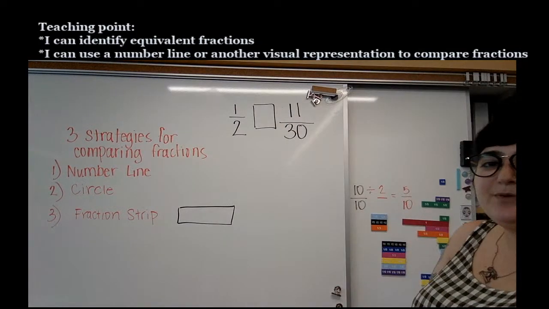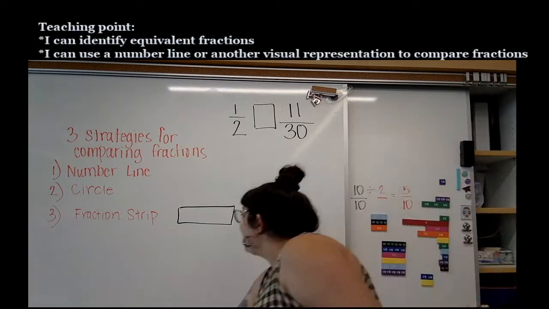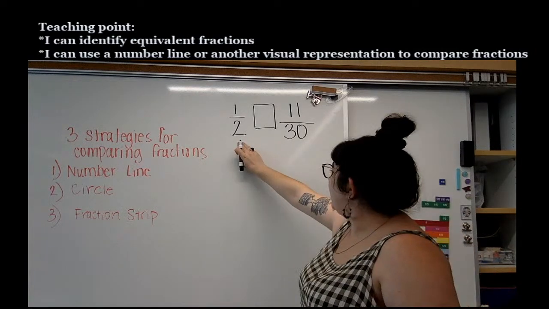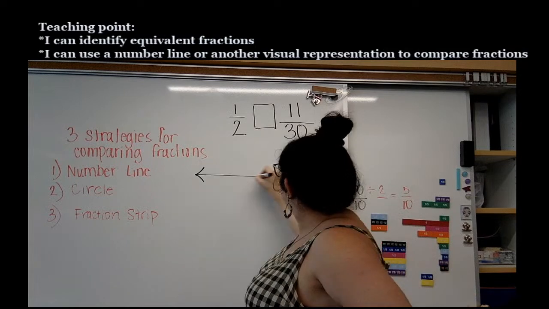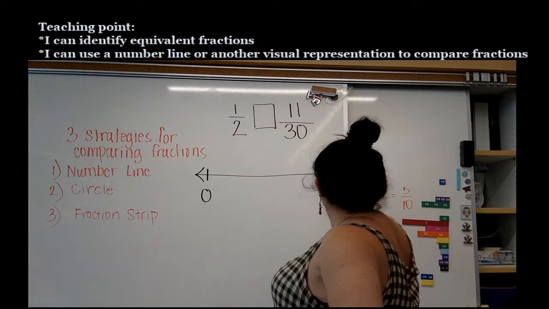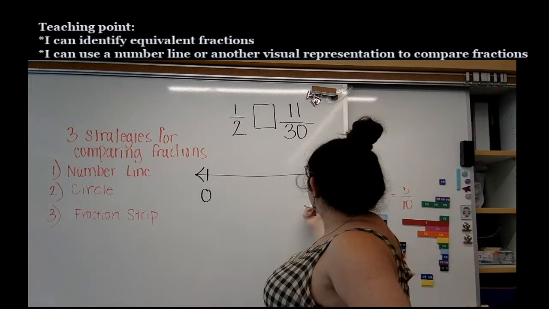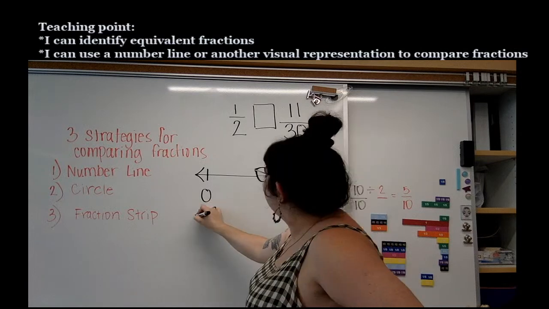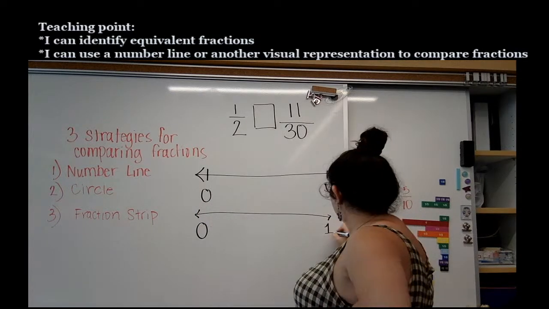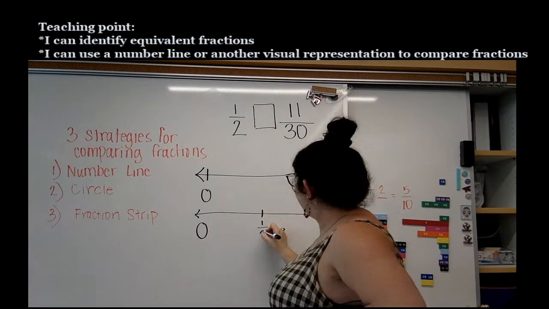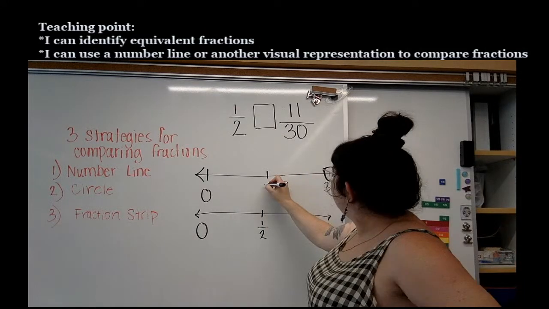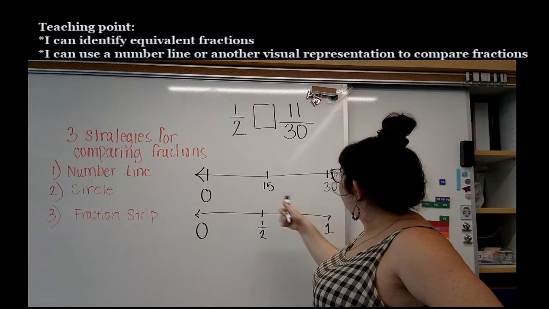Okay, how would we draw and compare this? Well, if I was going to do a number line, I would need to draw a number line. Okay, here's my number line. I have 0 and I have 30. What is half of 30? Well, I'm going to draw my 0 and my 1 because this is the 1/2. For this number line, 15 would be the halfway point.